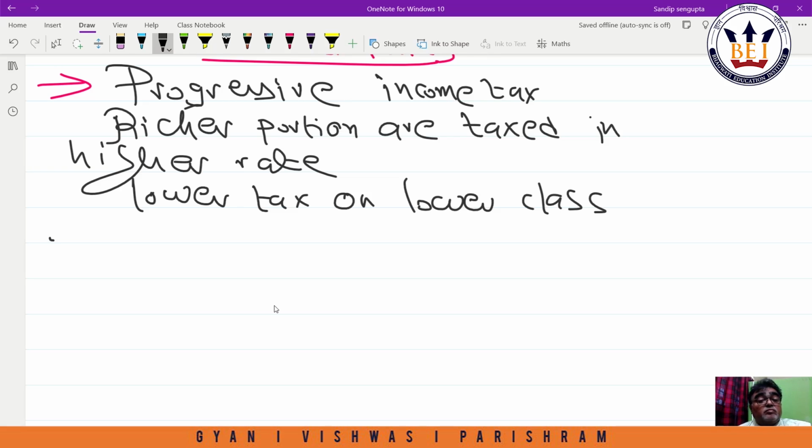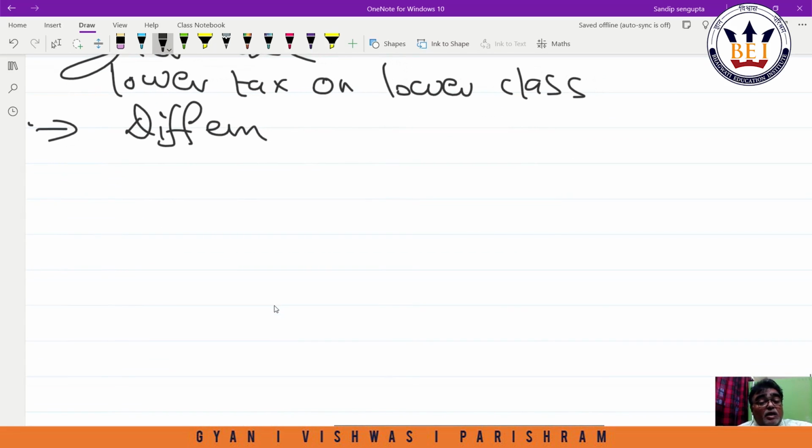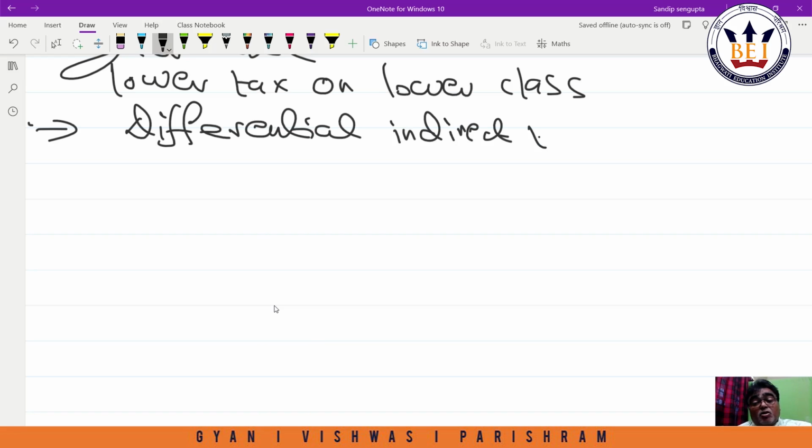Okay, come to this question. First is progressive income tax. Second is, this is a very good question, the one I have given is direct tax, now that is indirect tax. Second is differential indirect tax. What is that?